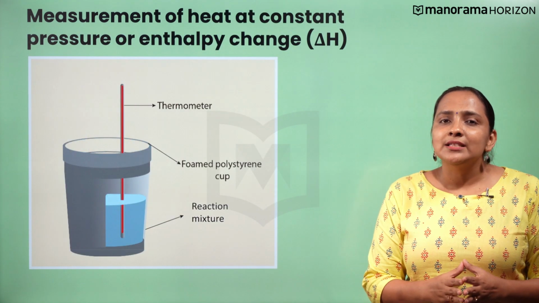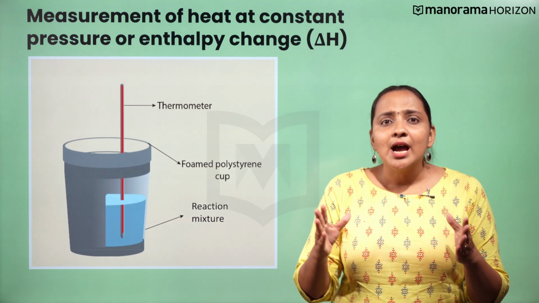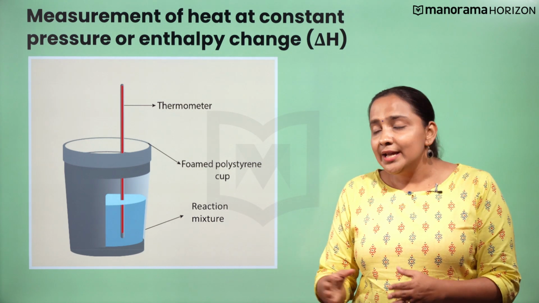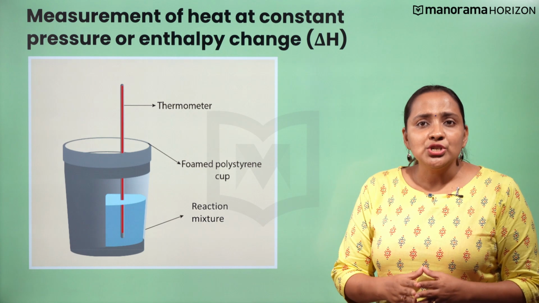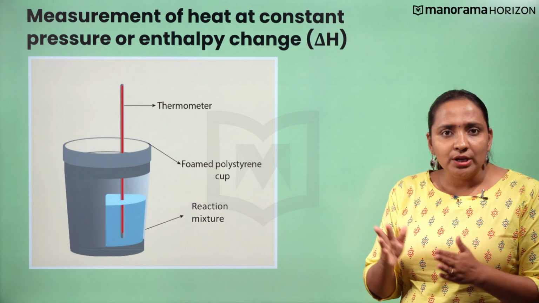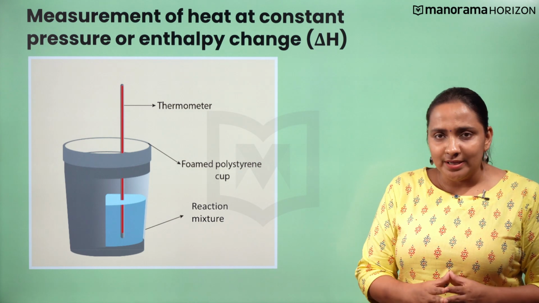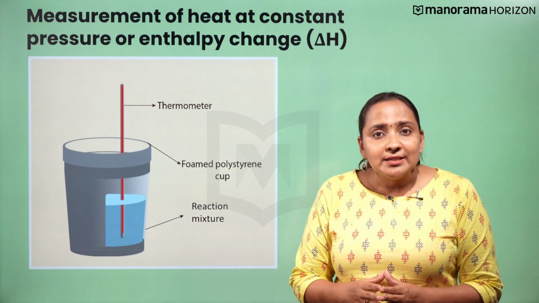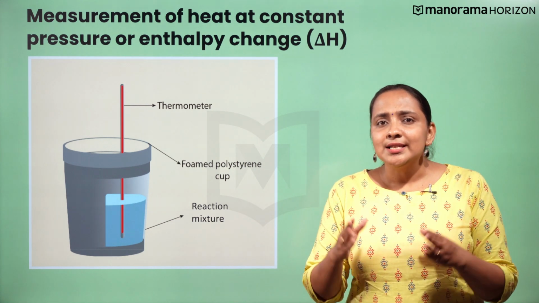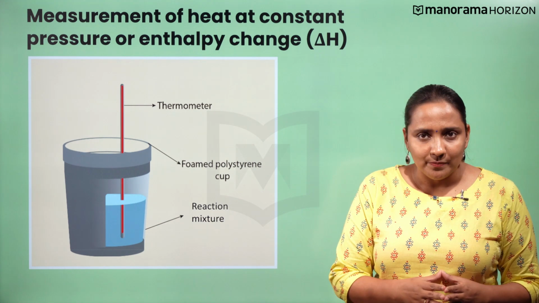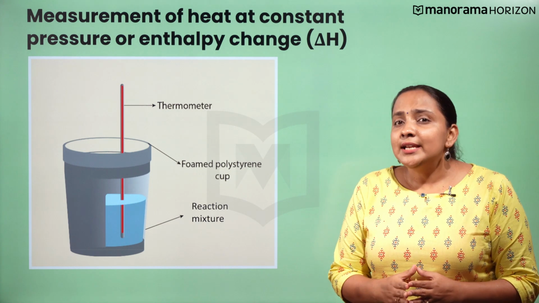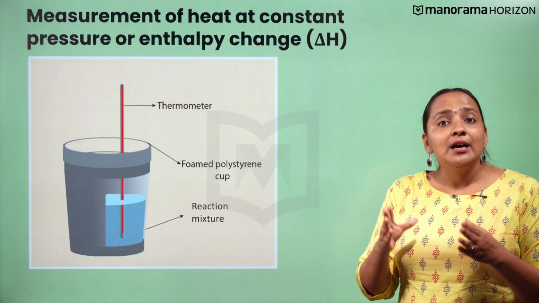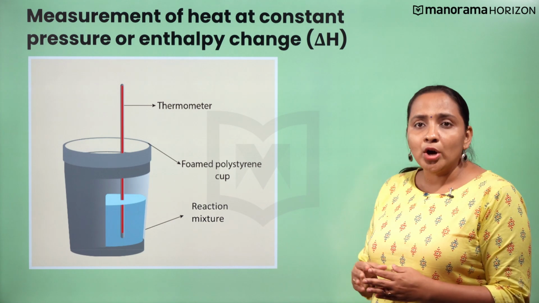Next, let us discuss the measurement of heat change at constant pressure QP, that is delta H. Heat change at constant pressure is measured using a coffee cup calorimeter. These calorimeters can measure heat changes at constant atmospheric pressure. The apparatus is a foamed polystyrene cup partially filled with a known volume of water.